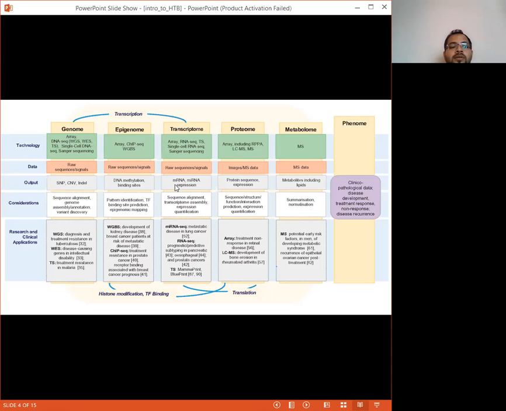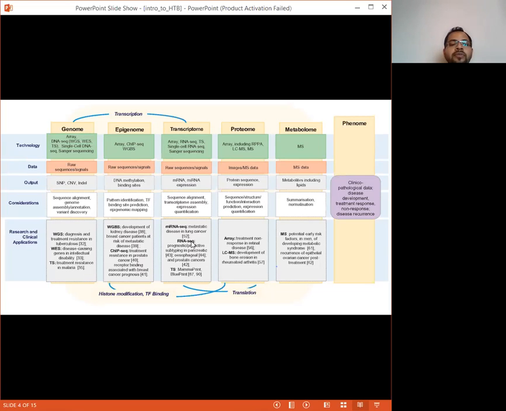For performing these experiments or bioinformatics analyses you need to consider some things, and I'm not going to discuss the details right now. You can search for different research and clinical applications based on genomics, transcriptomic or proteomic data.